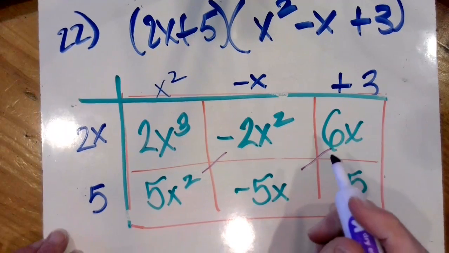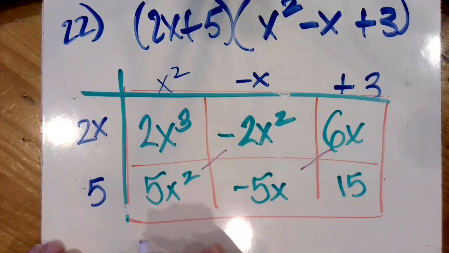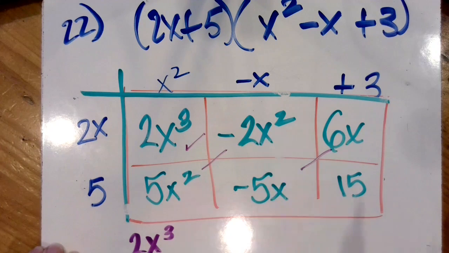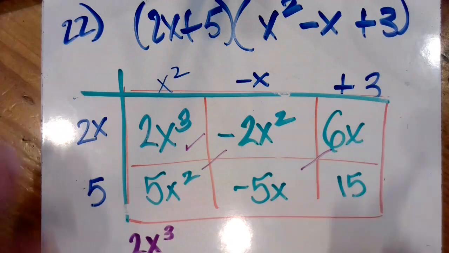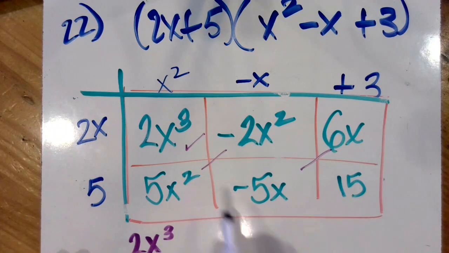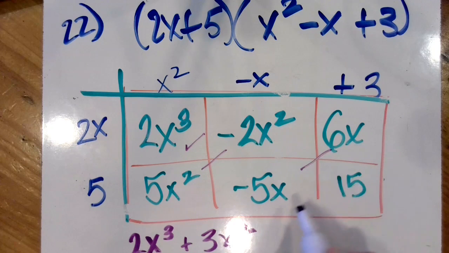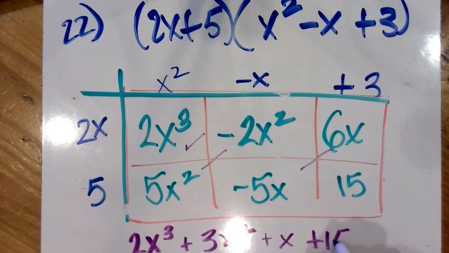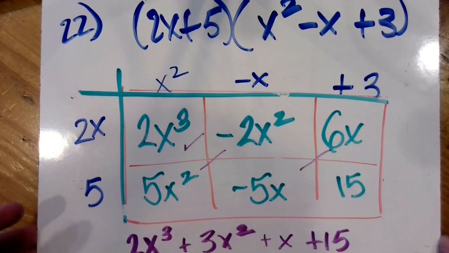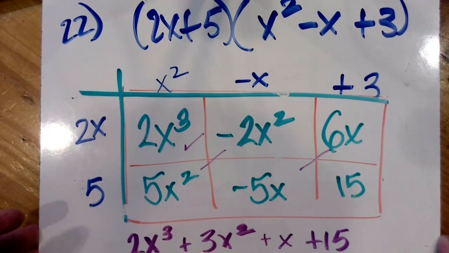So I have my 2x cubed from here, and I have my positive 5 and negative 2 make 3x squared. And negative 5x and positive 6x make one positive x. And don't forget I have my 15. Alright, that was number 22.